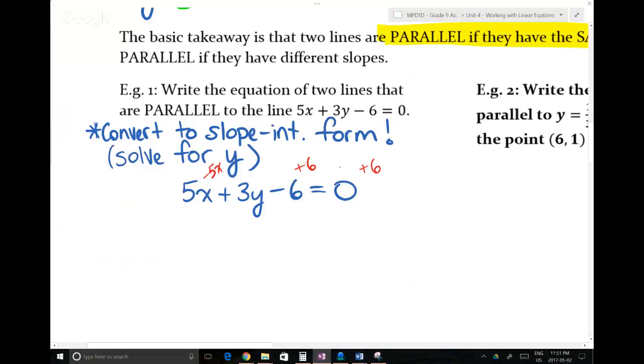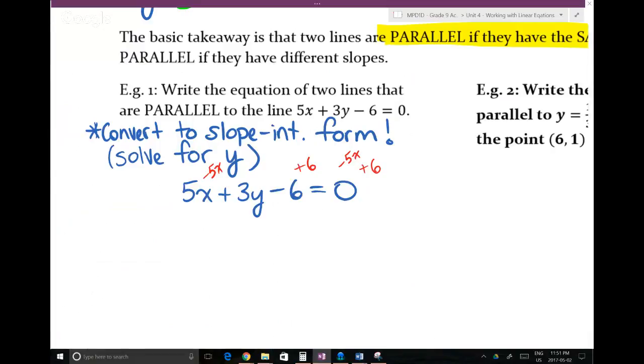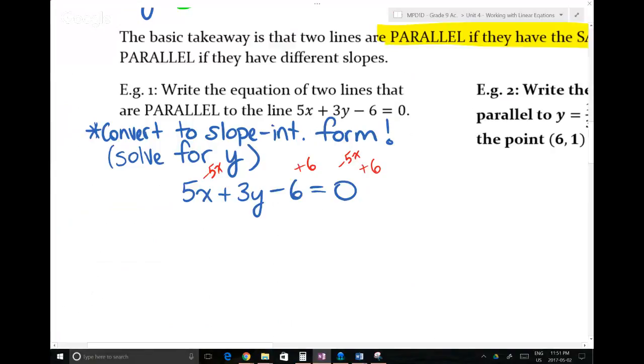And what I do to one side, I have to do to the other. And when I've done that, the 5x's cancel, the negative 6 and the positive 6 cancel. I should be left with, that's right, Krish, 3y equals negative 5x plus 6.